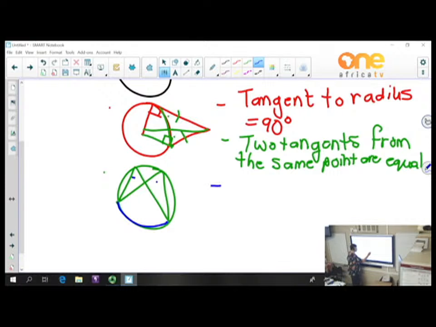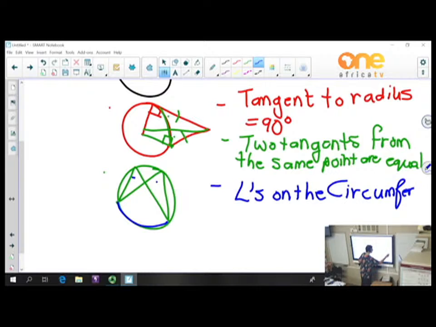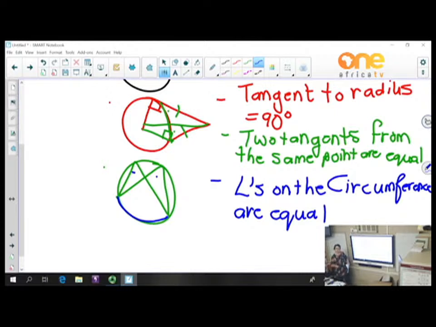Angles on the circumference subtended by the same arc are equal. But we're just going to say angles on the circumference are equal. This is what subtended means, and this is what you must be able to see eventually to find those angles.